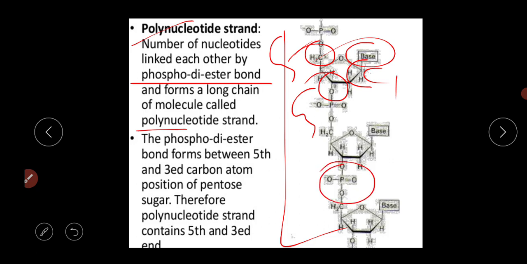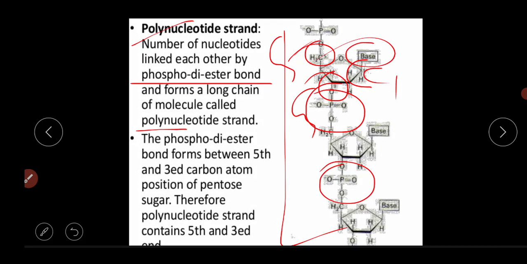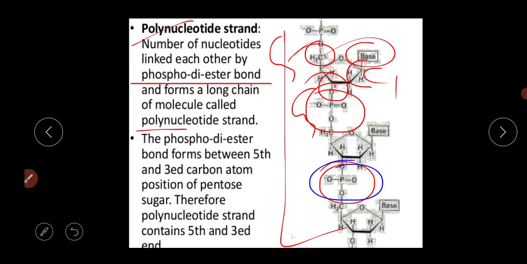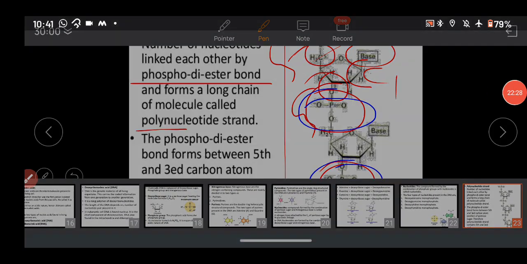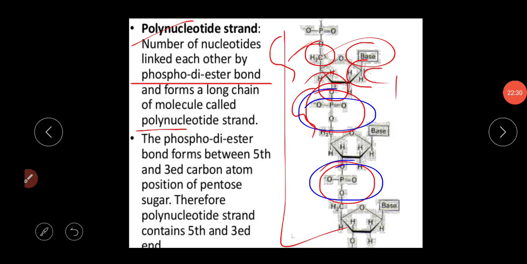I am changing my pen color. This is the phosphodiester bond.